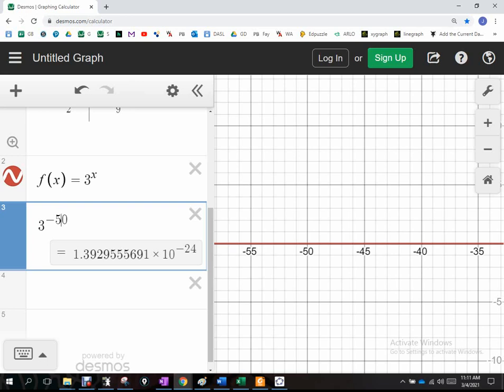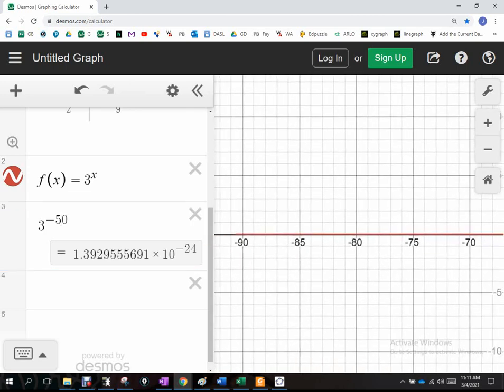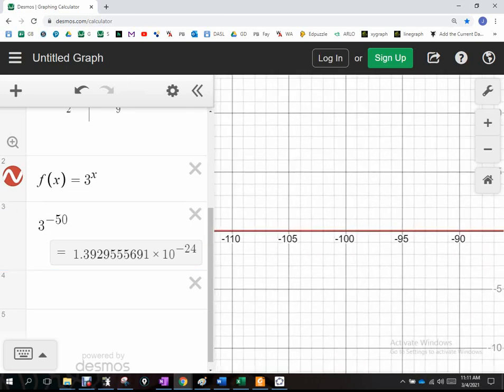But is it 0? No. Pretty small though, right? Let's go out to -100. That tells me I have a decimal, 47 zeros, followed by a 194. Is that 0? No, it's not, right?